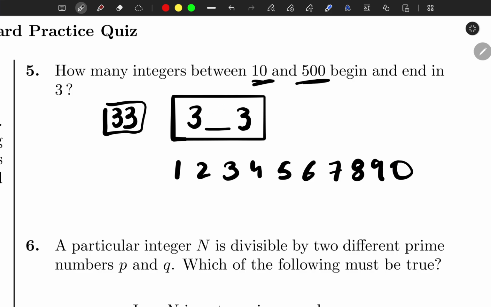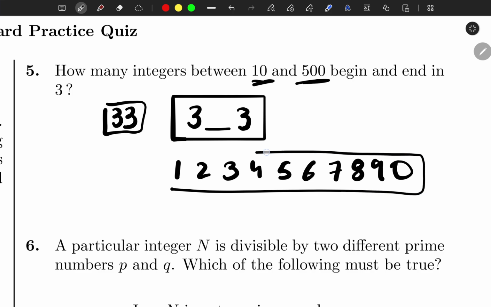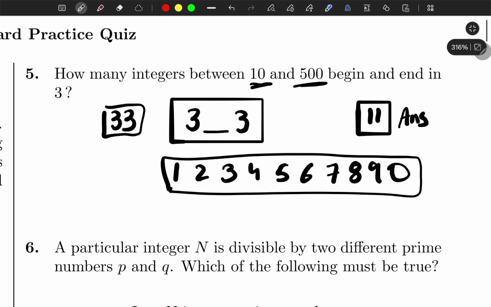If we just add them up, these numbers are 1, 2, 3, 4, 5, 6, 7, 8, 9, 10. These are 10 numbers, and then you have one of the 2-digit numbers. So I believe the answer is going to be 11 integers between 10 and 500 which begin and end with the number 3. This was an interesting question.